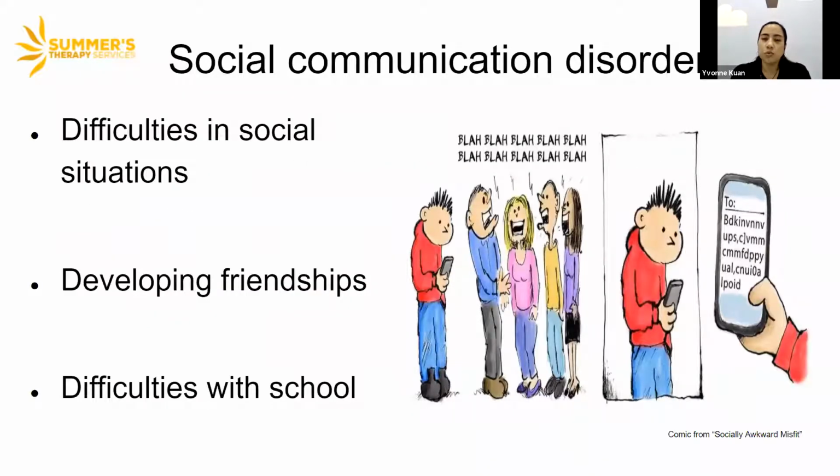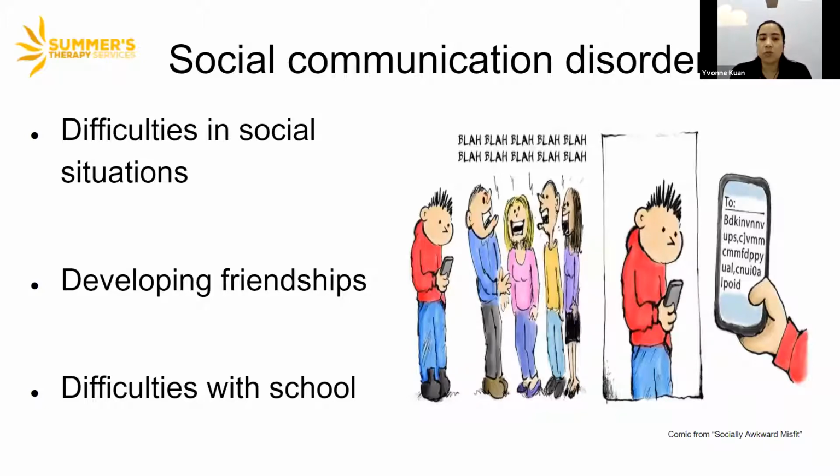Most children who do demonstrate social communication disorders would have difficulties in social situations. So for example, having to play with other same age children in the playground, or maybe visiting relatives and you have a play area there, learning how to join unfamiliar friends, or making friendships, for example, not knowing how to approach a friend to say, I want to join your game, I want to join you and play with you, or even saying, hi, this is my name, can I know your name?